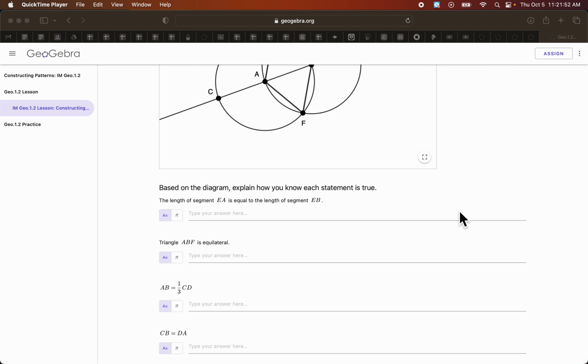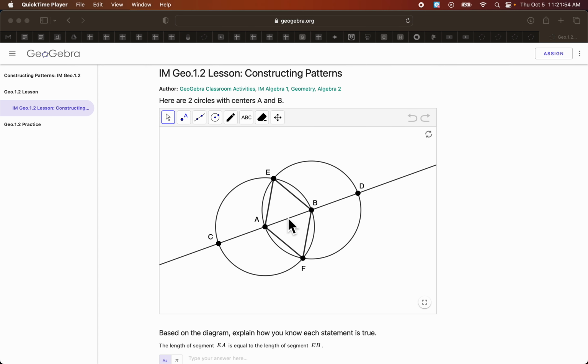All right, next one up. Triangle ABF is equilateral. Okay, ABF, that's this one down here. So how do we know that that's equilateral? First of all, equilateral means equal sides. So equilateral means that all three of these sides have to be equal. How do we know that that's true? Well, we already established that circle B and circle A have to be the same size.